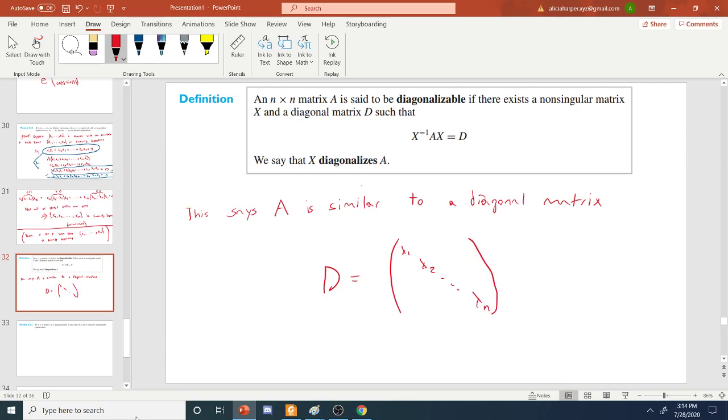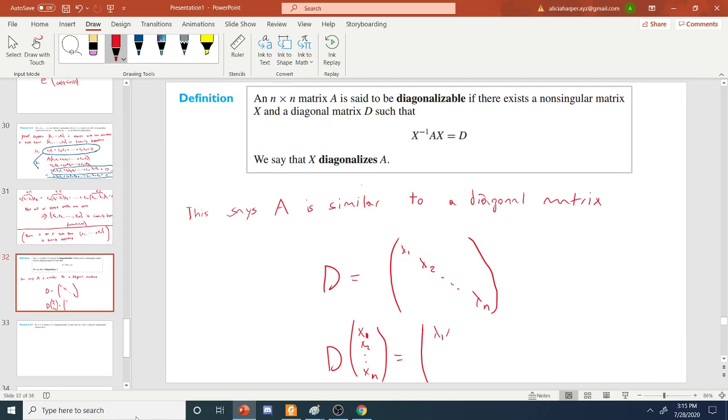Diagonal matrices are really nice because if you take the diagonal matrix D and multiply it by the vector x1, x2 through xn, you simply get lambda 1 x1, lambda 2 x2, up to lambda n xn. So it simply scales the components by the corresponding values.